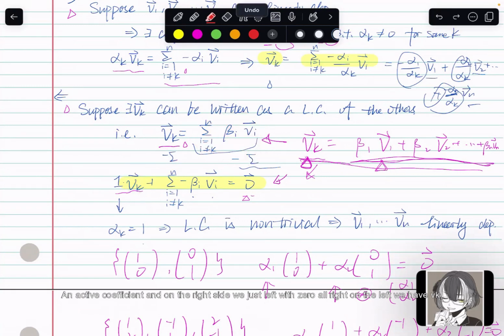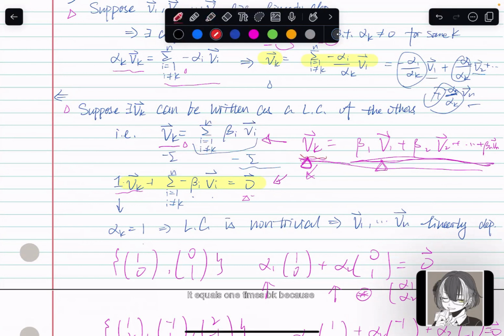All right, on the left, we have vk. If you think about it, it equals 1 times vk, because 1 is the scalar multiplicative identity. So we rewrite this vk as 1 multiplied by vk. And then we have other vectors with coefficient negative bi. Right now, I do not know what the bi's are, but we know that for vk, the coefficient is 1, it's not 0.